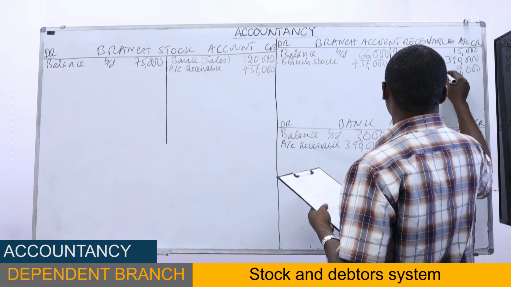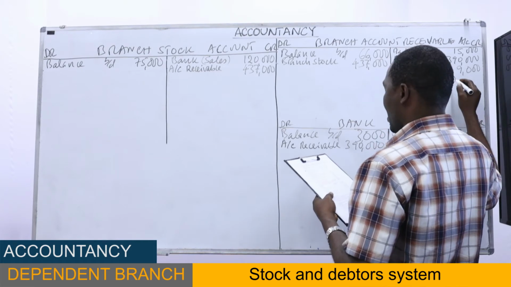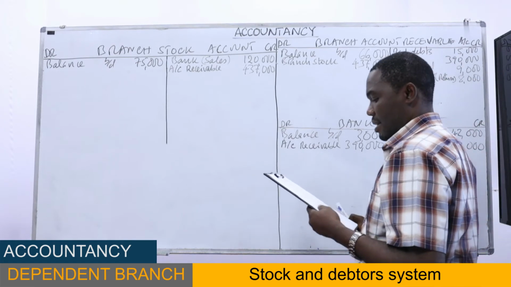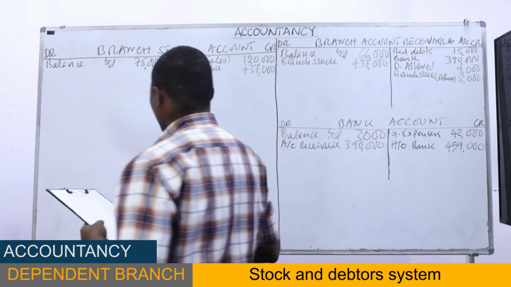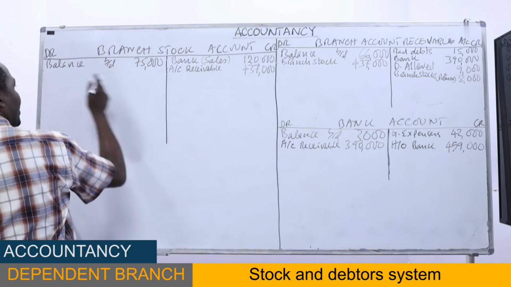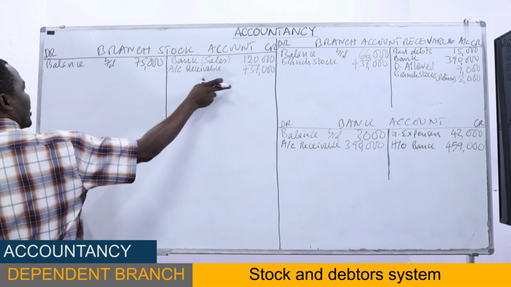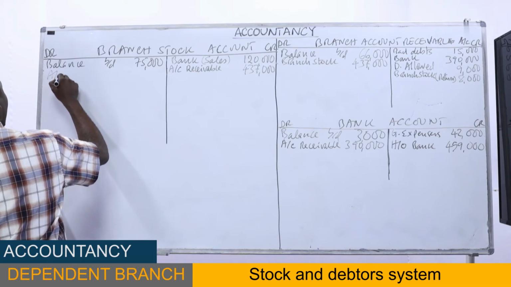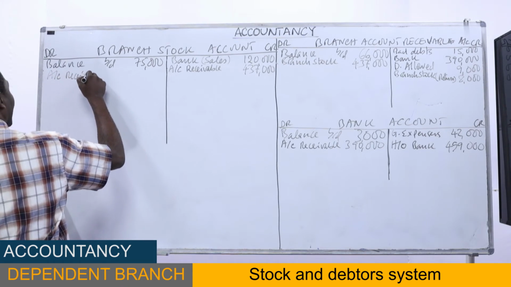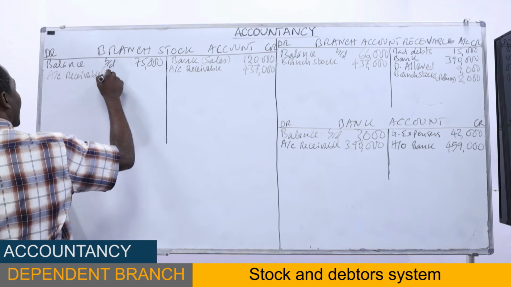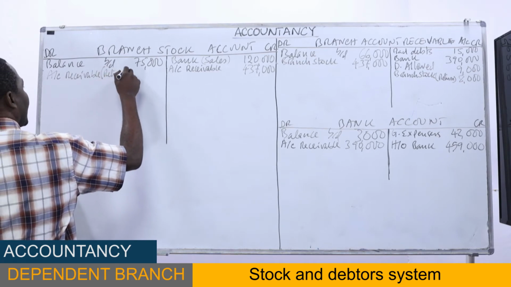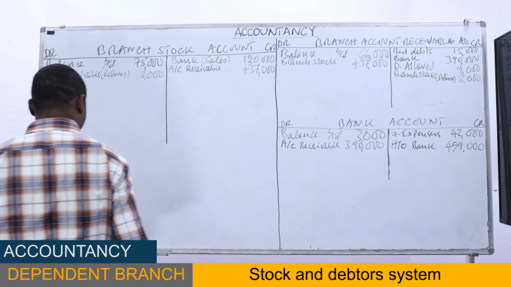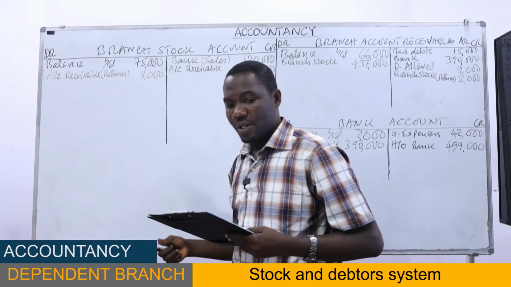This is returns. How much? 8,000. Normally this is debited here to reduce our sales, by writing account receivable. That was an entry for returns, 8,000. Okay.